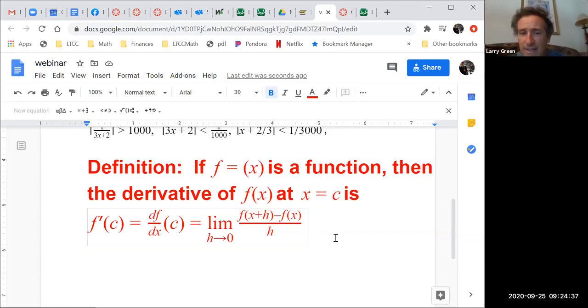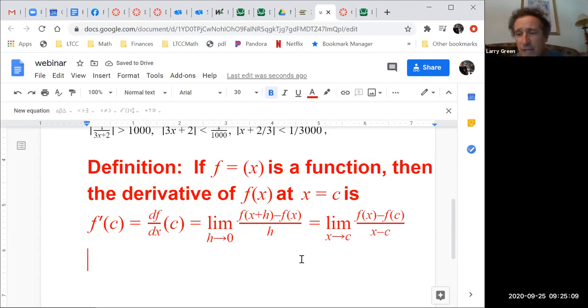And in fact, let me give you the other definition, which is the same thing, but slightly adjusted. Instead of h going to 0, we can let x go to c. And instead of writing x plus h, we can just have x. Instead of f of x, you can have f of c. And then you can have x minus c.